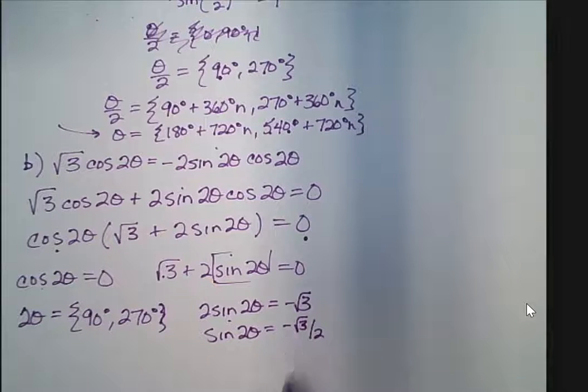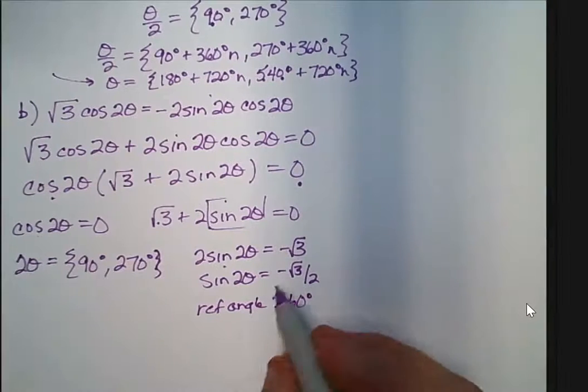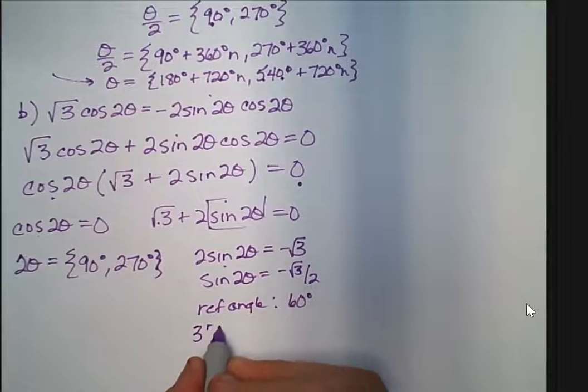So let's think about our reference angle first. That would be where sine of 2 theta is equal to positive square root of 3 over 2, and that would be at 60 degrees. This is not going to be one of our solutions. We want angles in the 3rd quadrant.